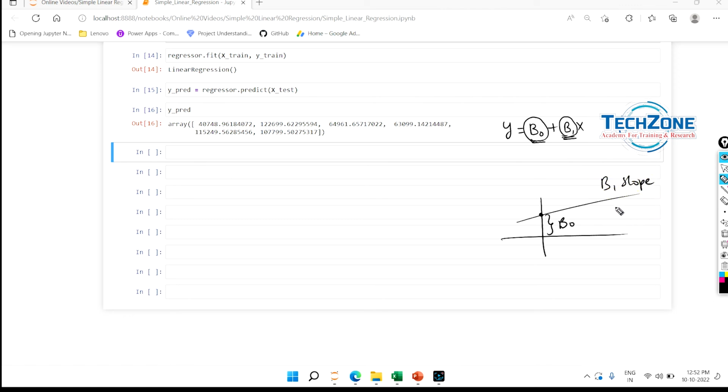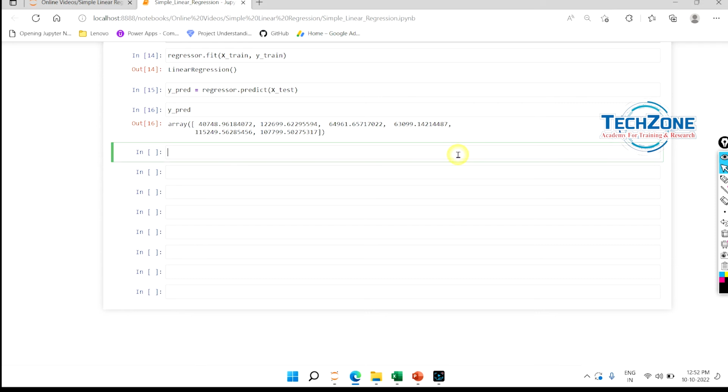Let us go ahead and find what the y-intercept and slope are. To do that, we'll use regressor dot coef underscore.